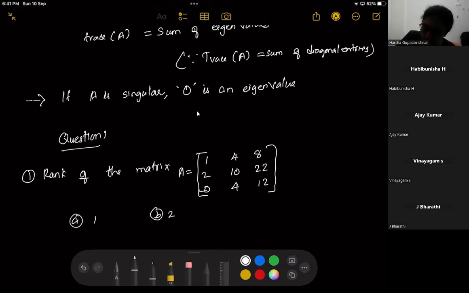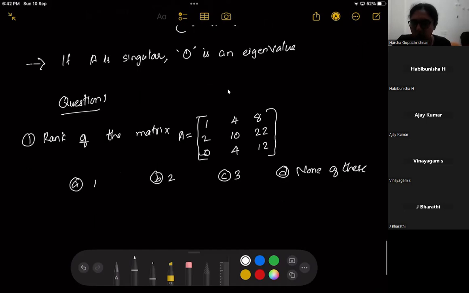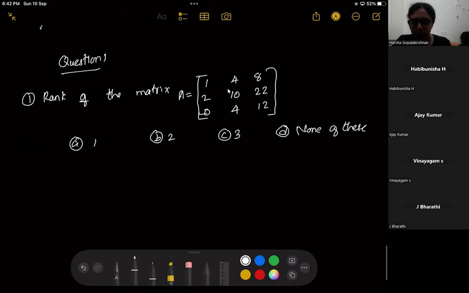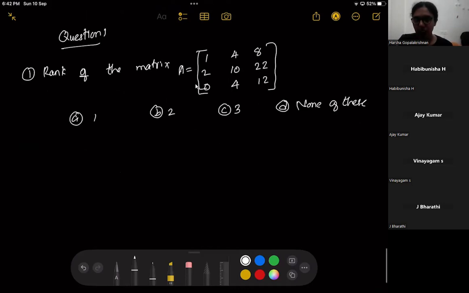We have already seen different ways to find the rank, like the column rank, the row rank, or just going by the definition. In this case, let us go by the first definition, finding the determinants of the minors. This is a 3 by 3 matrix, so we will start with the minor of order 3.